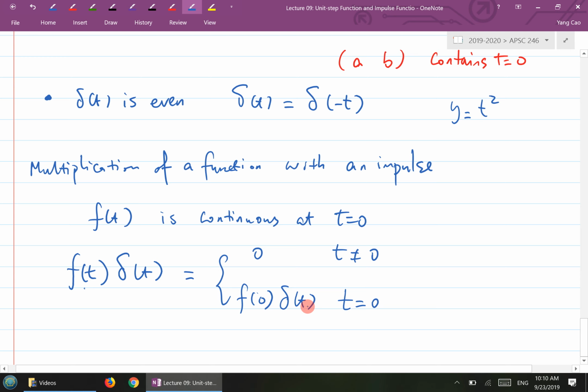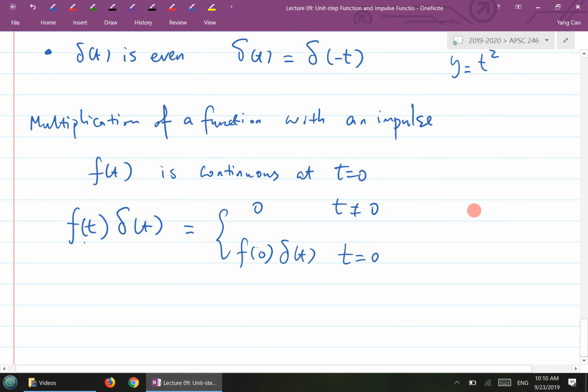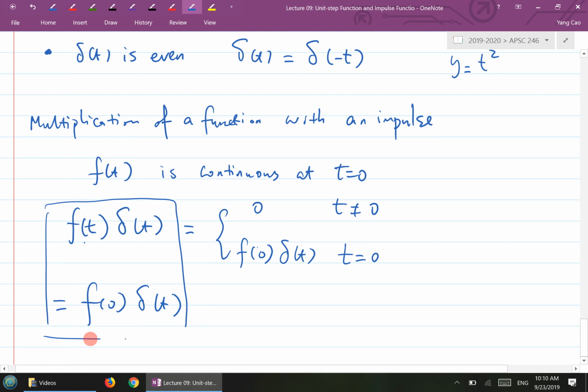In writing, you don't have to write all of this, because the nature of delta t has already defined 0 and infinite for different t values. You could just write f of 0 times delta t. So this is what happens when you multiply any function with an impulse function, delta t. It's just a little bit of simplification.